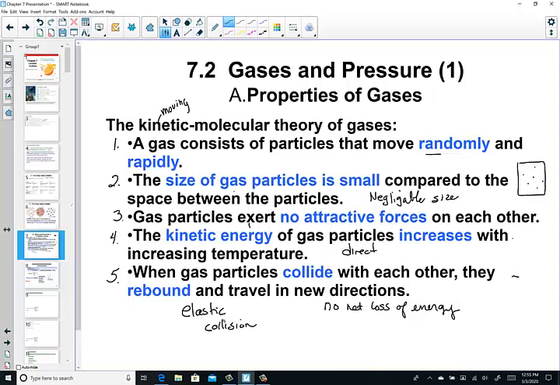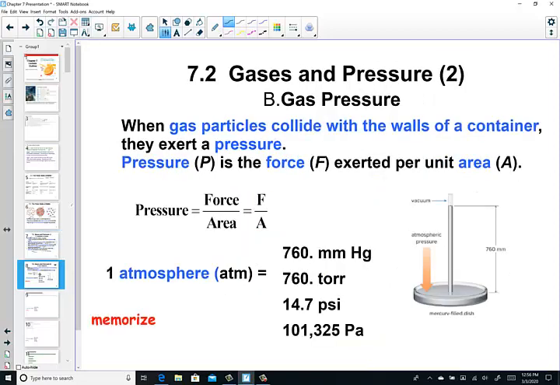We have talked about the five statements of the kinetic molecular theory being used to describe the behavior or motion of gas particles, with complete freedom to chaotically move within their container. And when a gas particle hits the side of a container, it exerts a pressure.